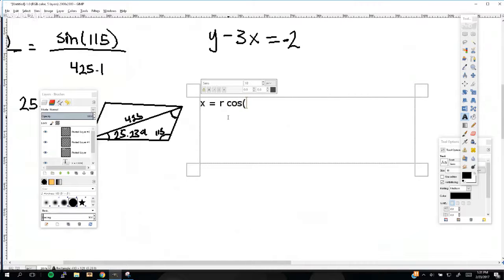I typed in polar equation and it gave us 2 divided by sine theta minus cosine theta. So it left the 3 in there. And that's the answer they gave. I'm just looking to see.